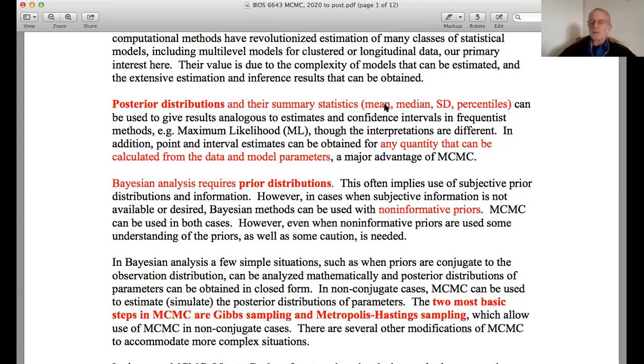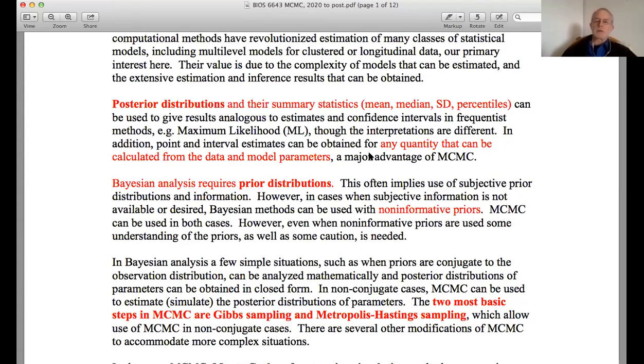We don't actually get a closed form density, but we get a histogram with as many observations as we want. So we can make means, medians, percentiles, intervals, 95% intervals, standard deviation, all that stuff's available to us. We don't have a formula, but we have enough samples to estimate it. So it's a very, very clever idea.